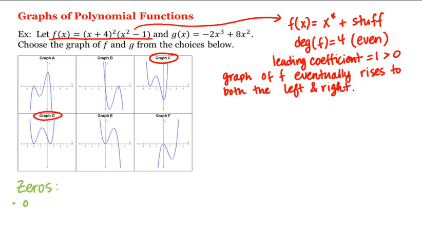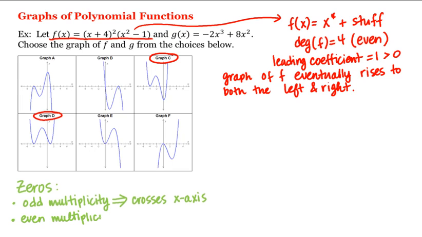If a 0 has odd multiplicity, it means that the graph of that function crosses the x-axis at that 0. But if the 0 has an even multiplicity, that means that the graph of the function touches the x-axis at that 0.